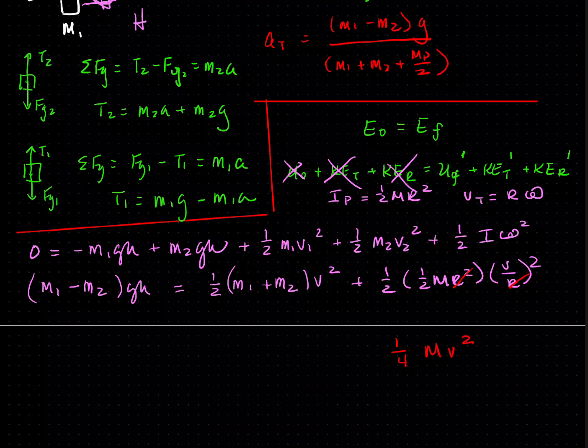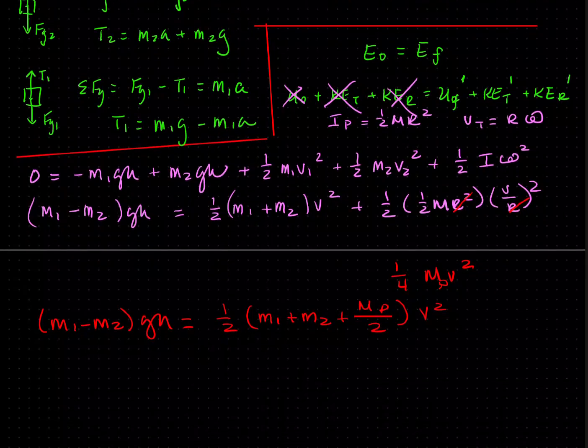So if I rewrite this, this becomes (M1 minus M2) gH equals 1/2 (M1 plus M2 plus M of the pulley, let me put a P here, divided by 2) V squared.